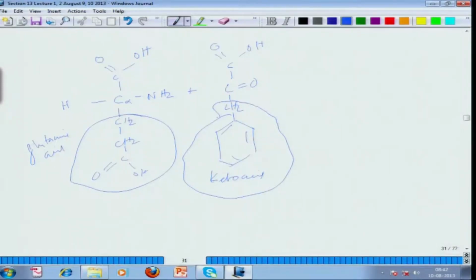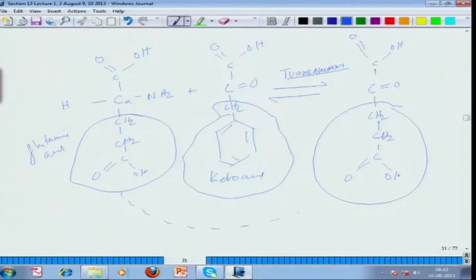Now, during a reaction of transamination, which is carried out by transaminase enzyme, trans means it is transferring. What you essentially get after this is C double bonded with O, and here you have CH2, CH2, C, OH.